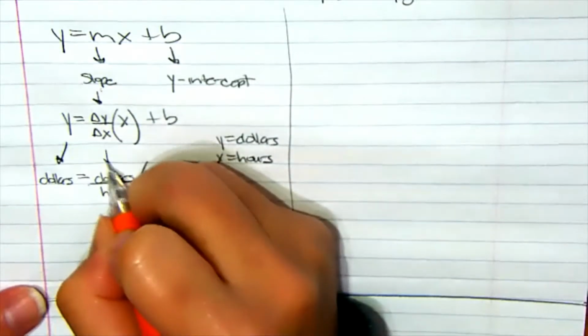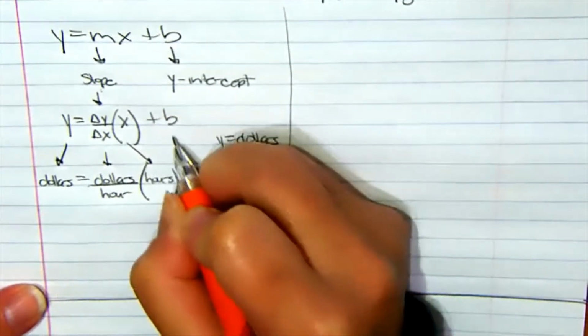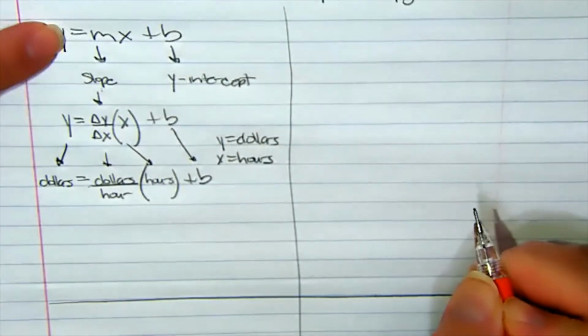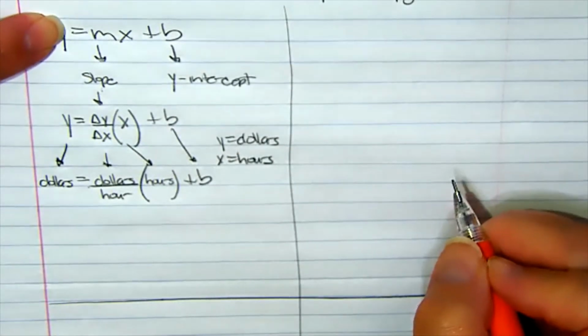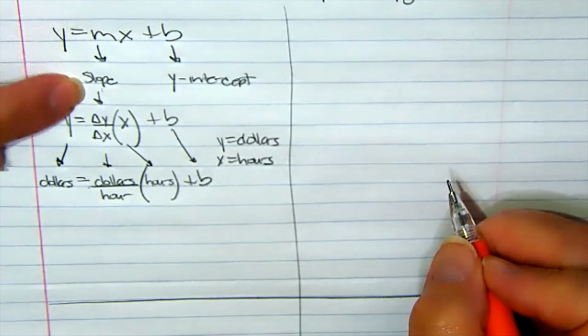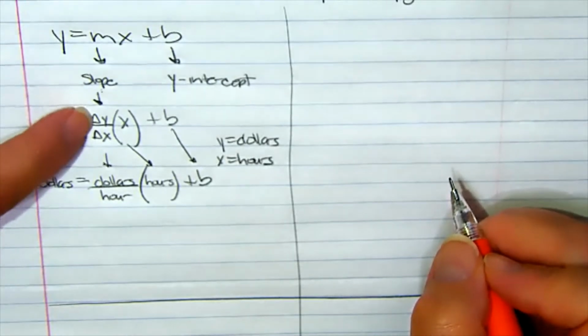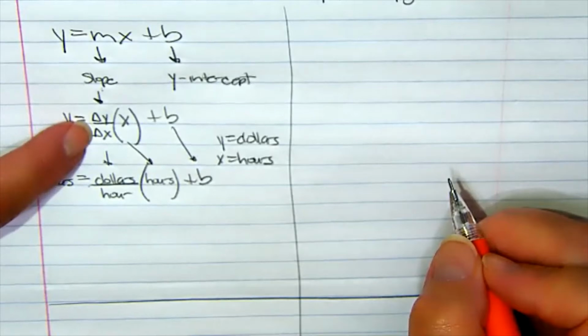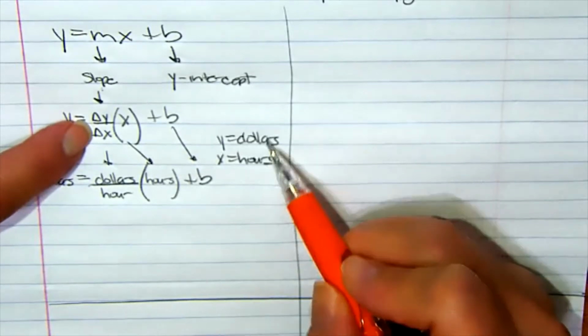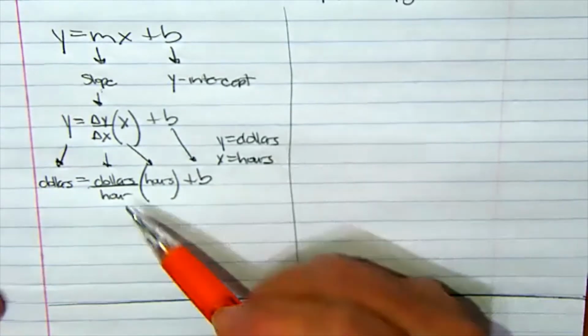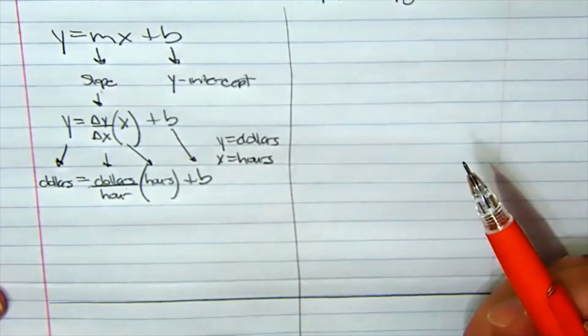Okay? So we need to break down what y equals mx plus b means. We know m is the slope, but what does that mean? It means the change in y over the change in x. Well, if y is dollars and x is hours, it means dollars per hour.